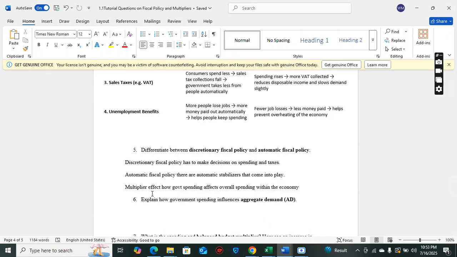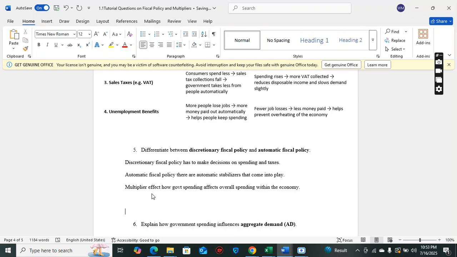Or another way to think about it is how total spending in an economy is affected by changes in government spending.